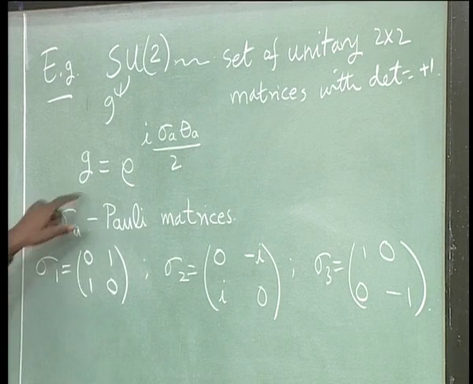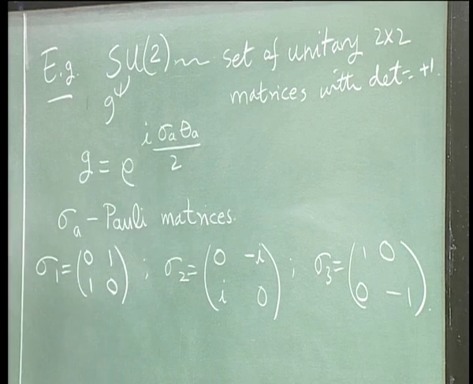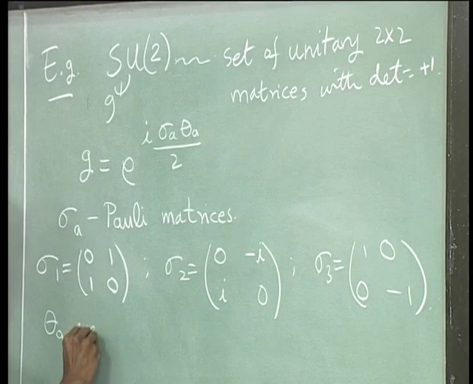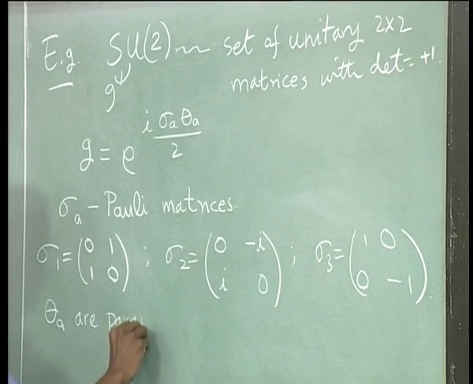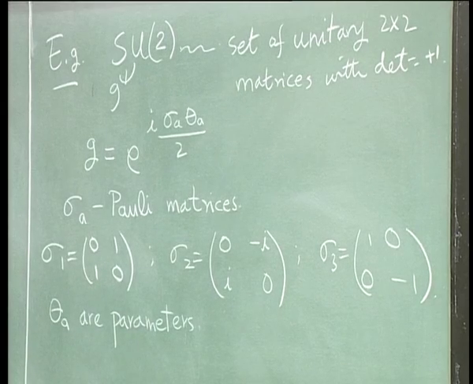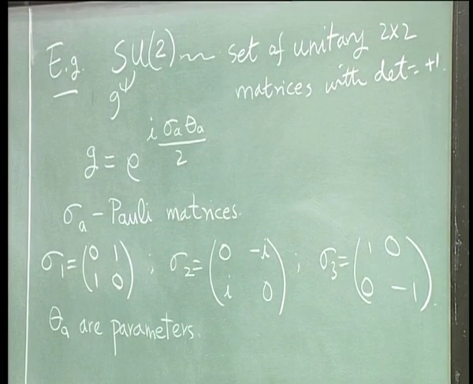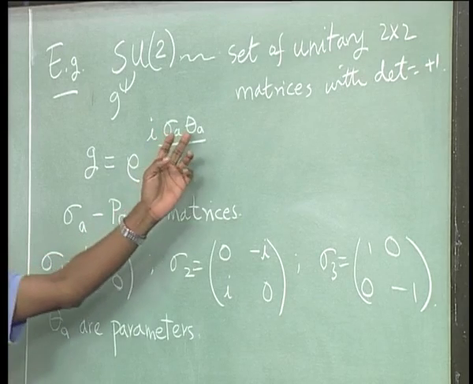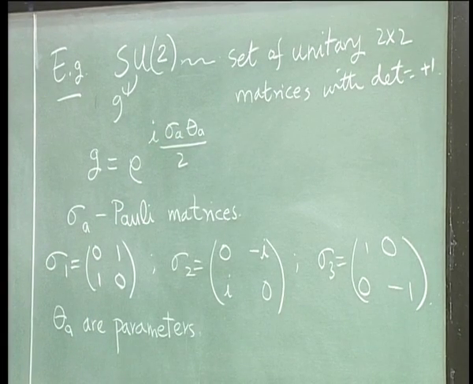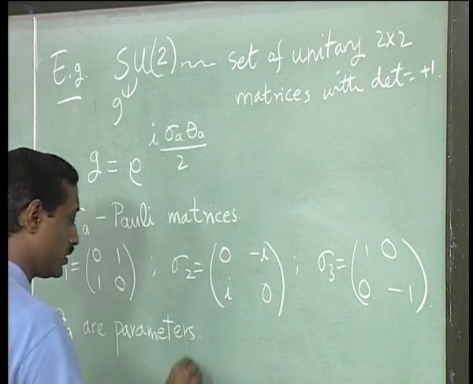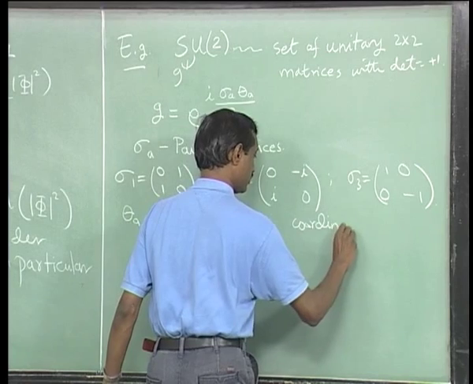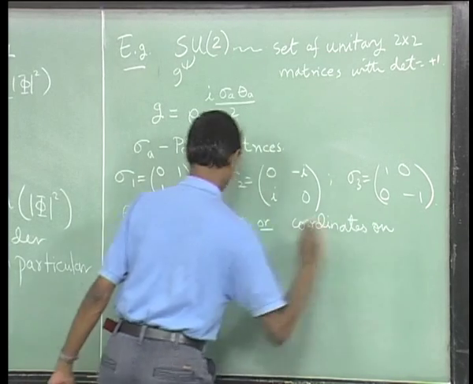So theta A's are parameters. But we also saw that the condition on these thetas is that they live on a 3-sphere. So theta A's are parameters, or we saw, coordinates on a 3-sphere.